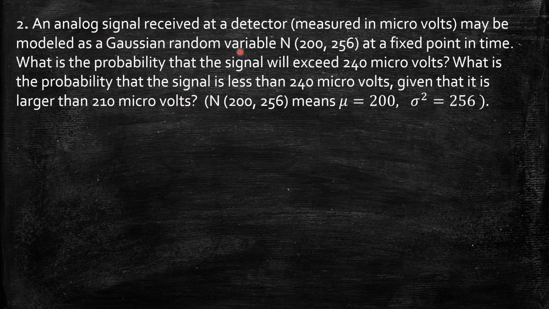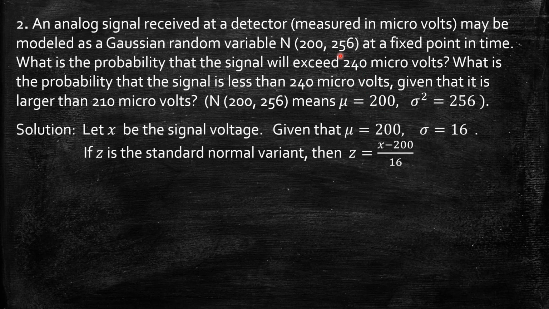A Gaussian random variable is nothing but a normal random variable, and N of 200, 256 means the normal variable having mu 200 and sigma square 256. The variance is 256.